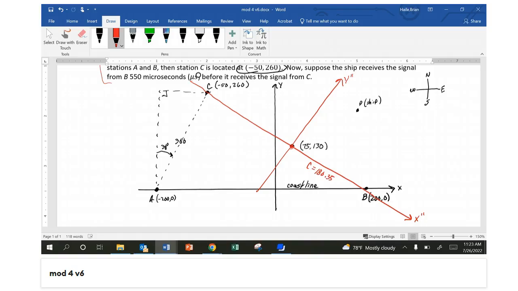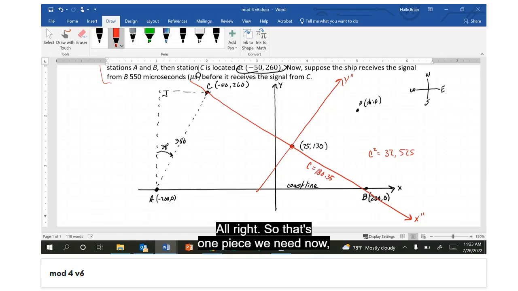Off to the side, what we really want is C squared, which is what we're going to want eventually: 32,525. So that's one piece we need.